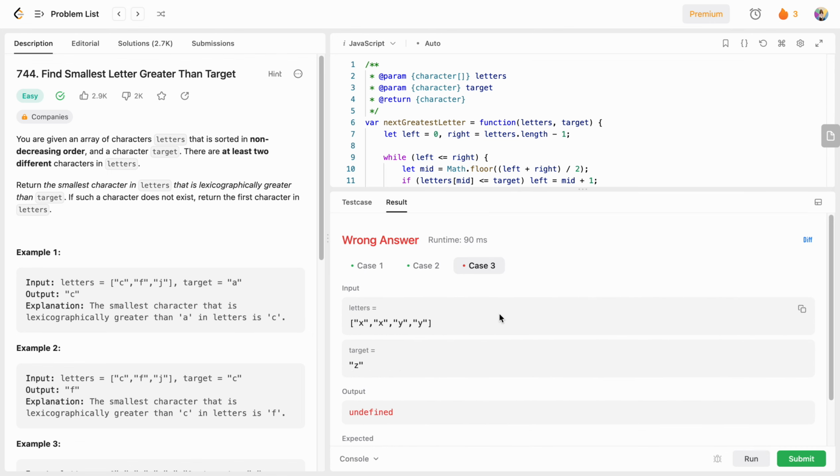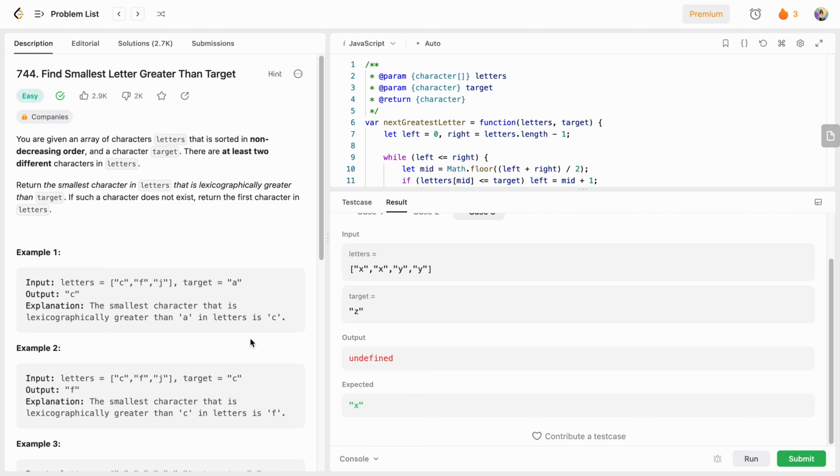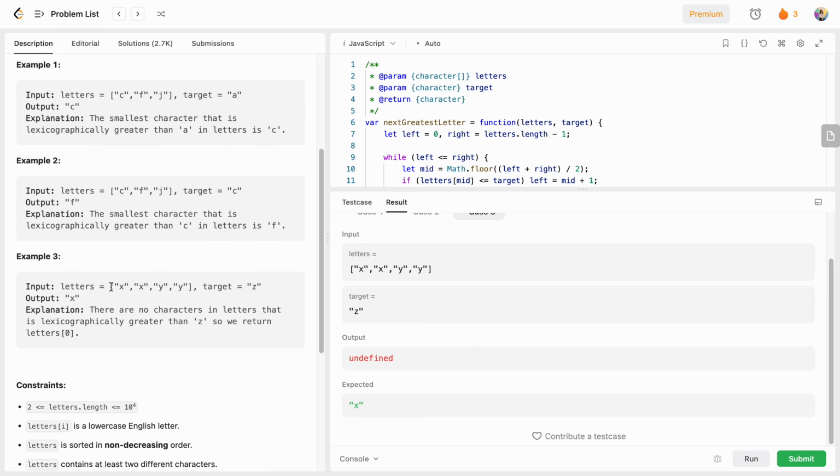Okay, so what did we do wrong here is we missed one thing. If the character does not exist, we have to return the first character, right? And in this case it doesn't exist. In this case our left pointer will go out of bound, and that is why our output is undefined.